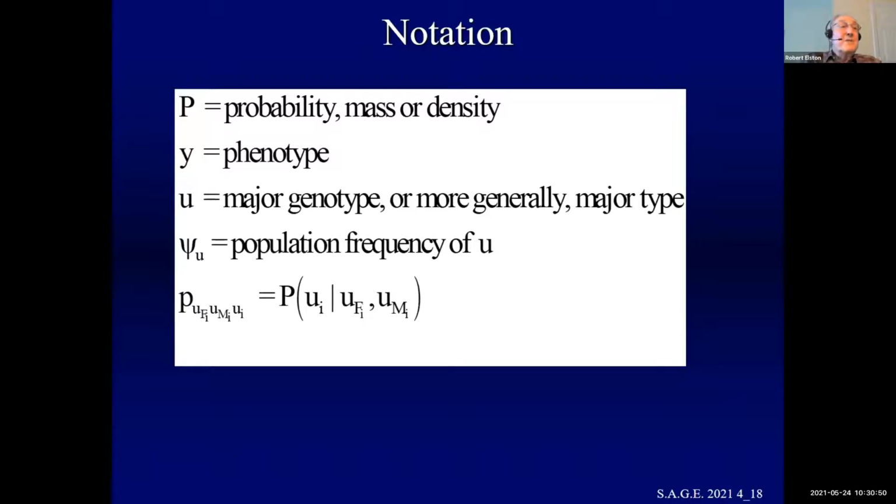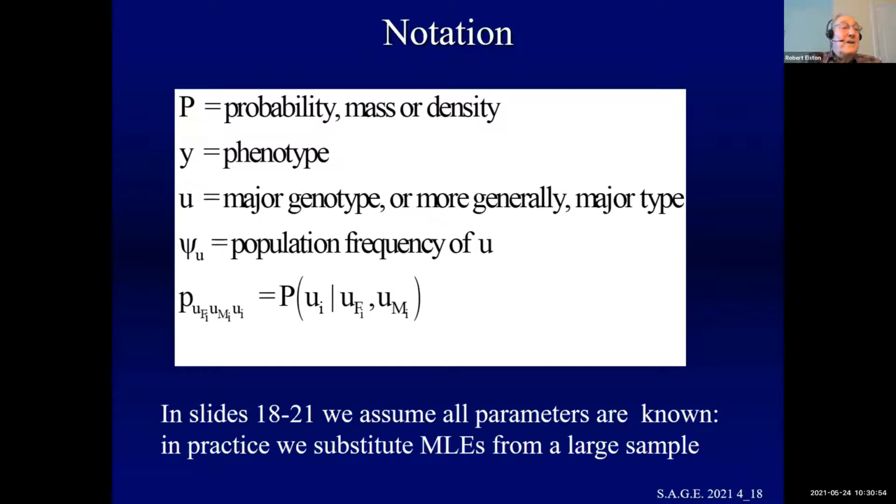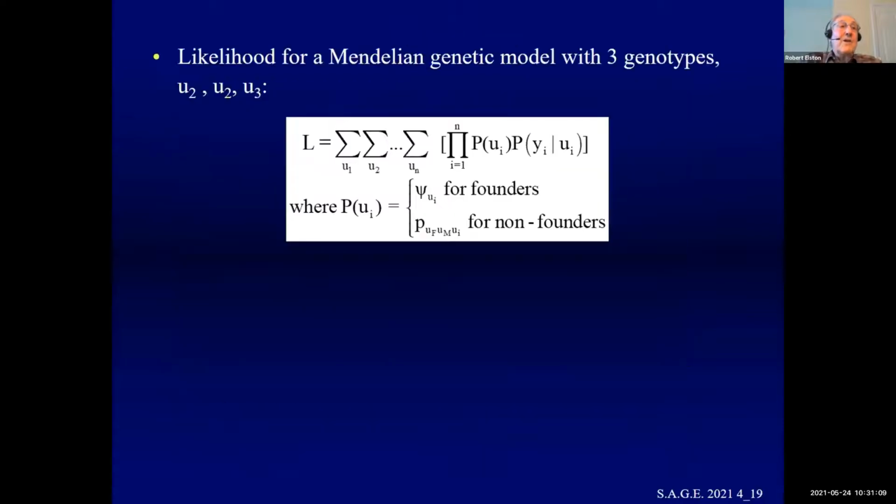And we are assuming we have a homogeneous sample. In these slides, for the next few slides, we assume all parameters are known, but in practice we substitute maximum likelihood estimates from a large sample. So the likelihood for a Mendelian genetic model with 3 genotypes is this L, which is a summation.